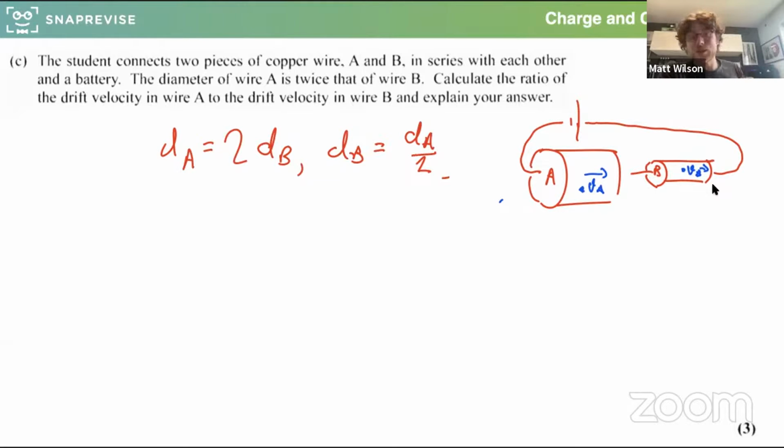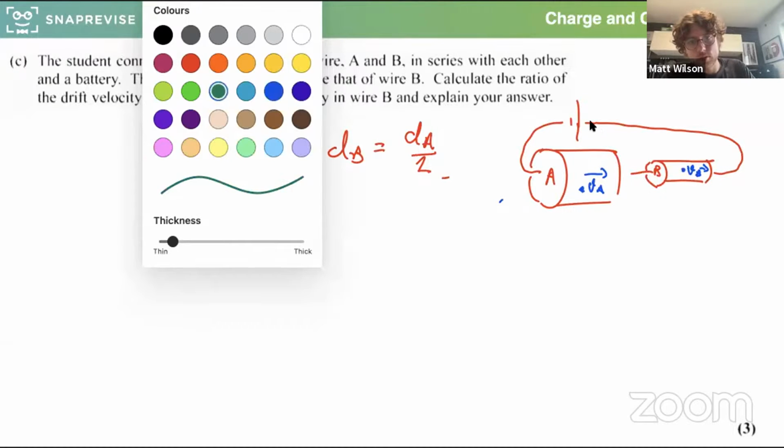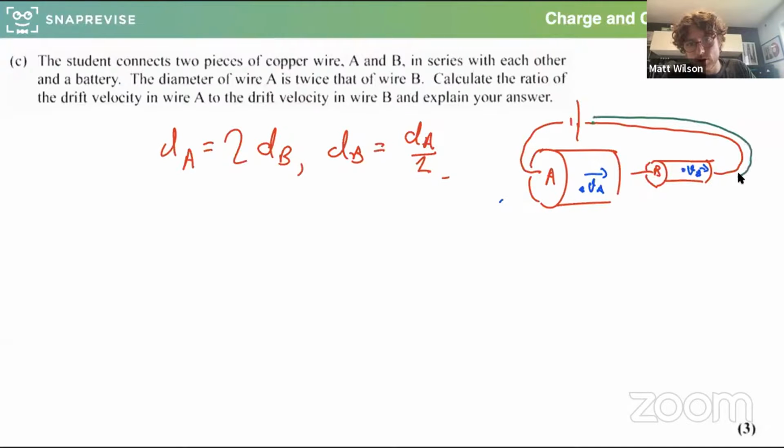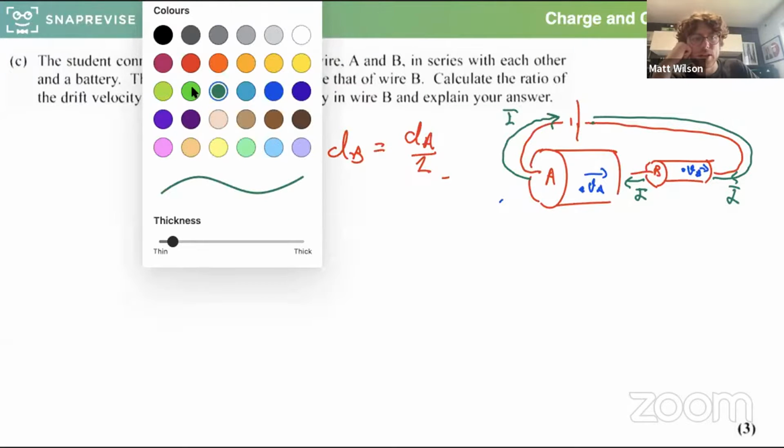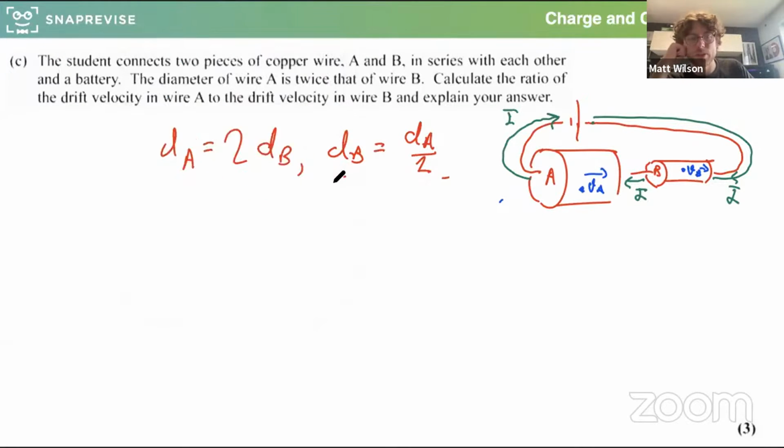What equation is going to allow us to figure this out? What equation relates drift velocity and things a bit like diameter? Well, diameter is kind of thing you can use to calculate cross-sectional area. So the equation that they want us to use here is absolutely this transport equation.